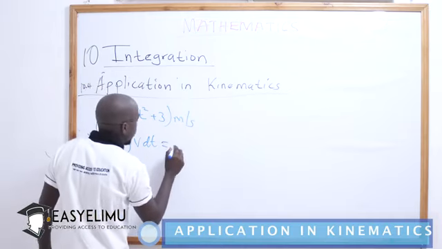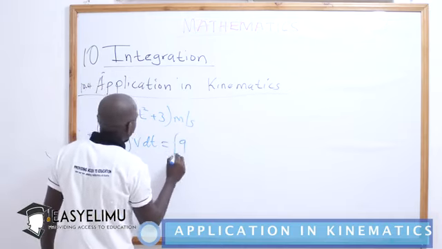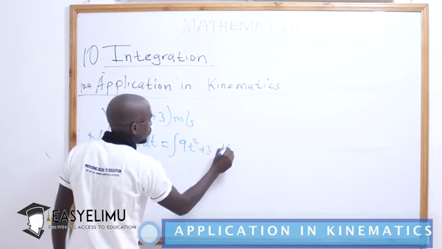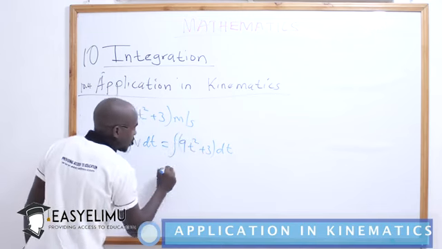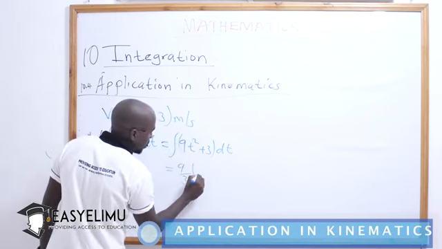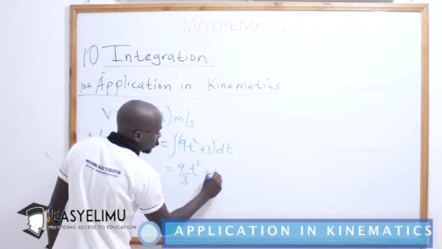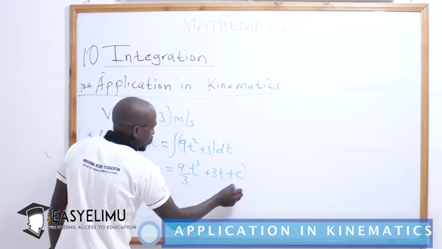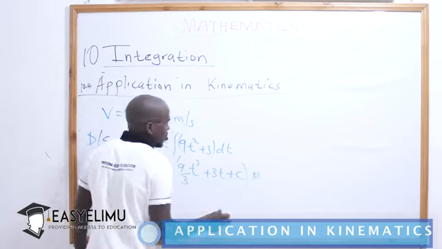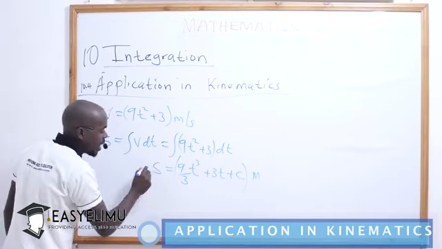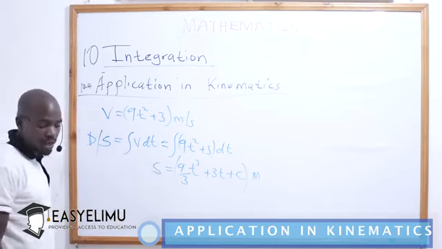So we are going to integrate 9t squared plus 3 with respect to t. On integration, we are going to get 9 over 3 t cubed plus 3t plus c. And this will now give us meters because we are integrating with respect to t. So our s or distance is equivalent to that.